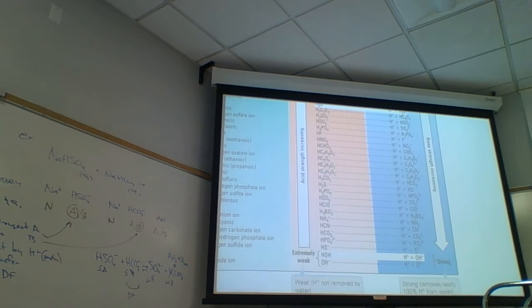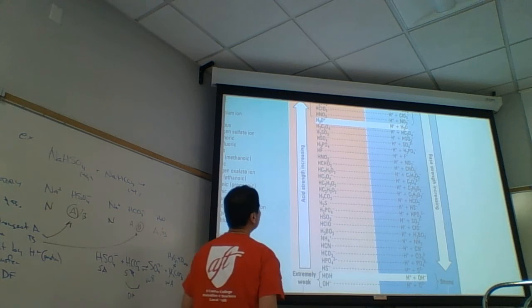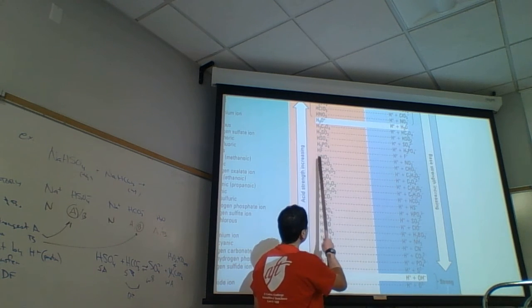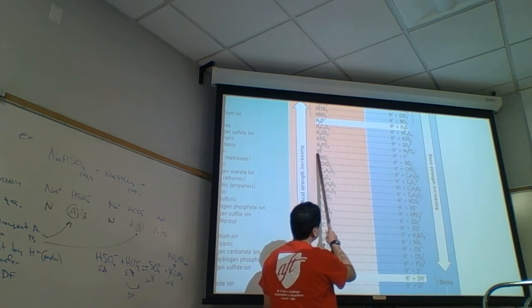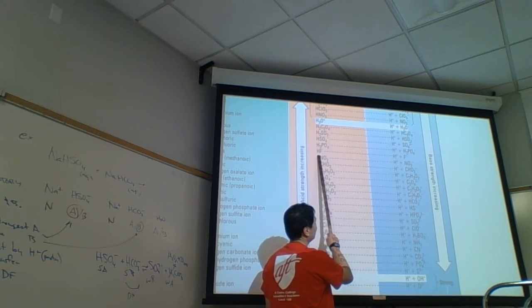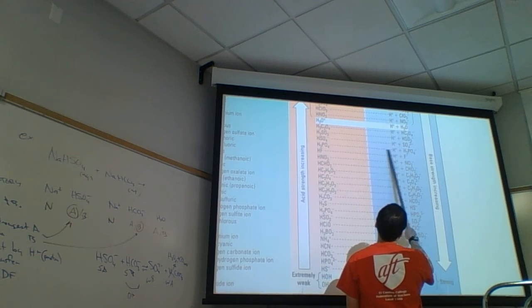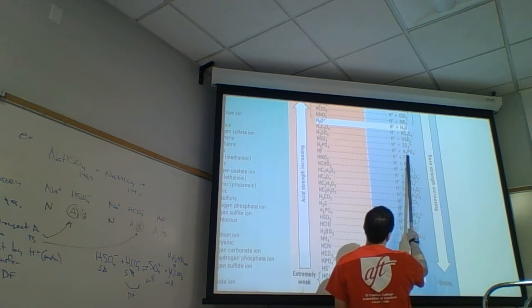There's one more way to use this chart, and that is this. The other way to use this chart is HF. What bases will HF react with? Well, will HF react with this base, H2PO4 minus?